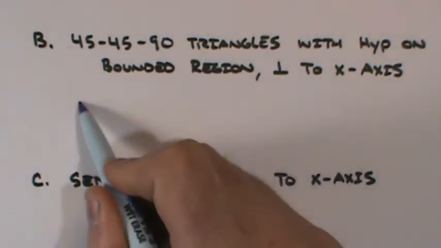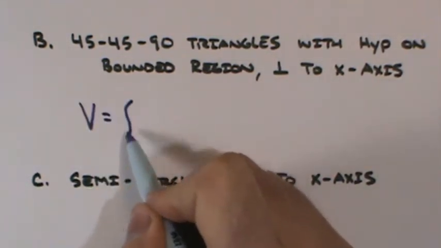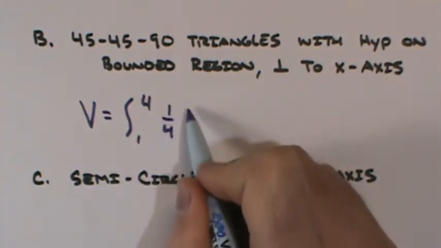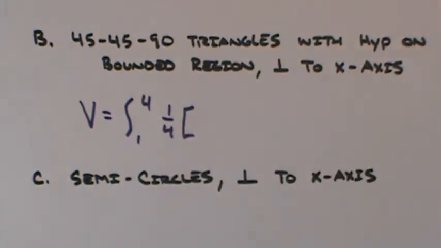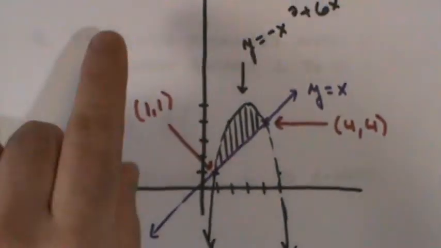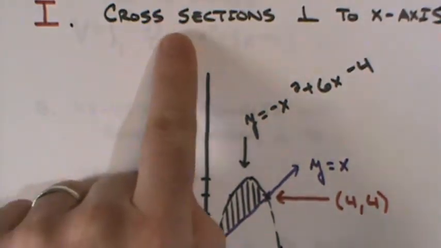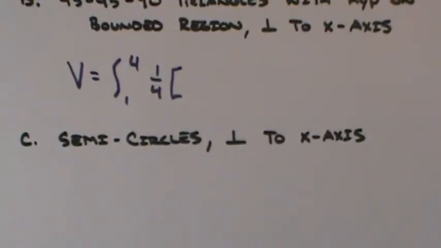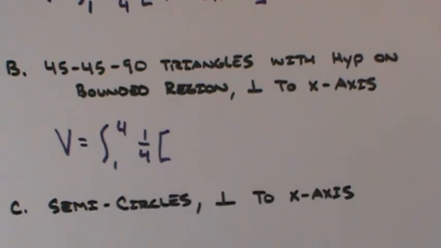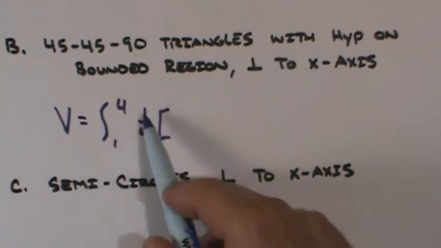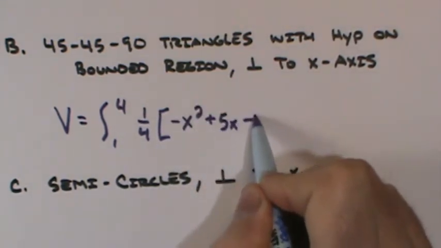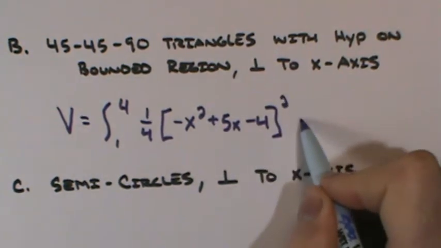So for this one, I would still have the integral from 1 to 4. Then I say 1/4, and I specifically take that base that I calculated. And most cross-section problems will be done this way. They'll give you a region and then they'll have part A, B, C, D, E, or whatever, where they're just going to ask you to go through these different types of cross-sections that you could create. And so on this one, we said that was going to be 1/4 whatever my base was. So this part doesn't change. Squared dx.